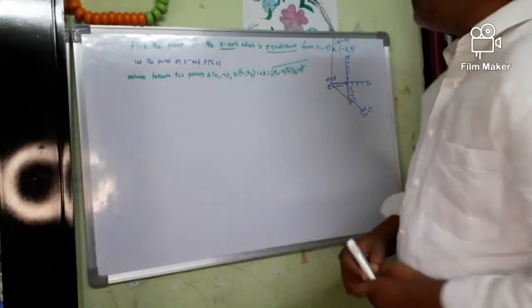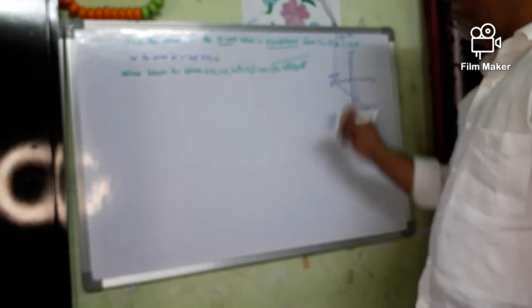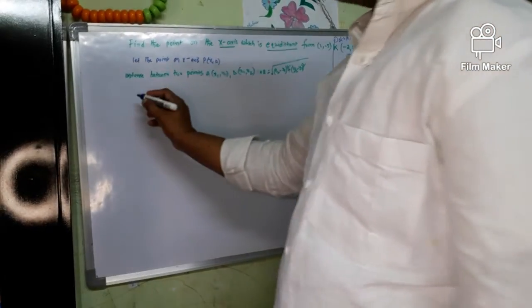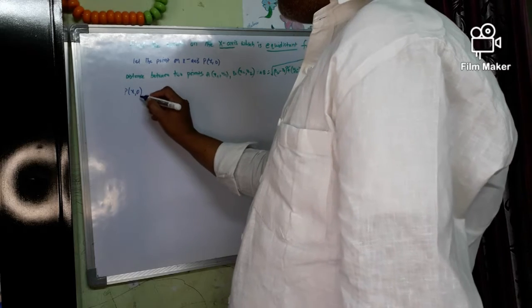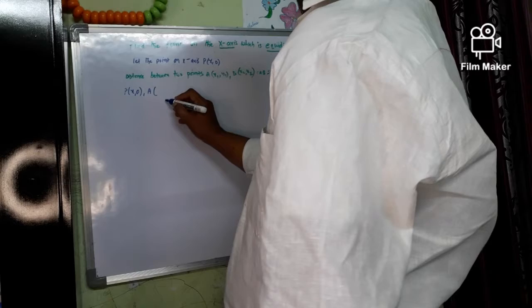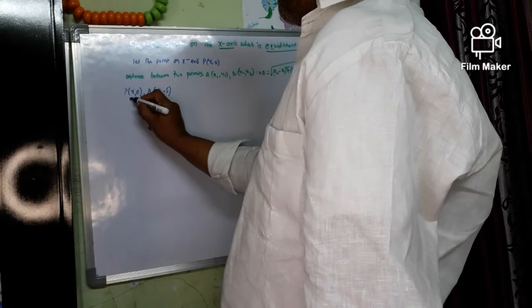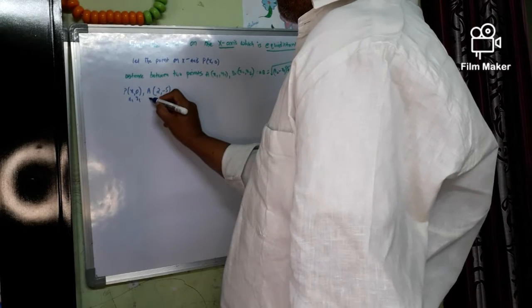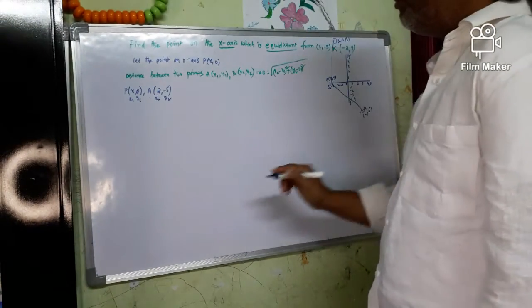Now we find the distance between P and A. P is (x, 0), A is (2, -5), as (x1, y1) and (x2, y2). These values we substitute in the formula.